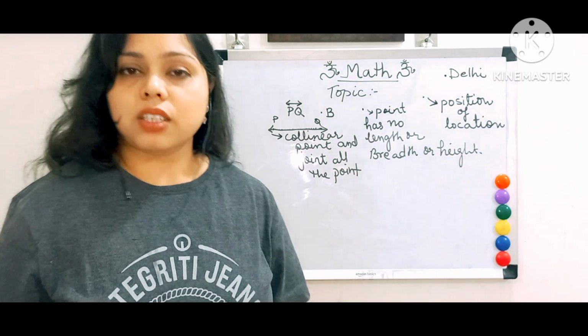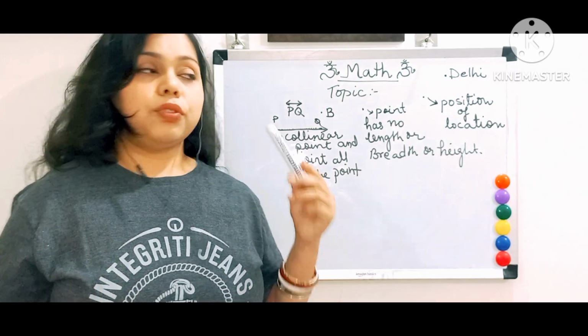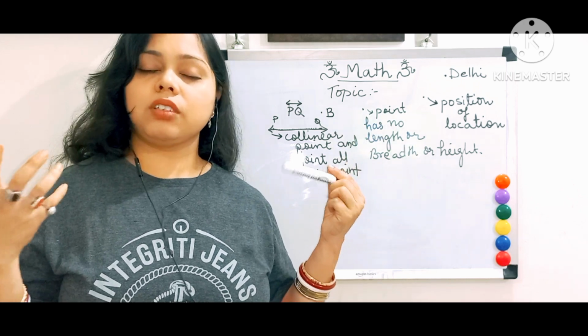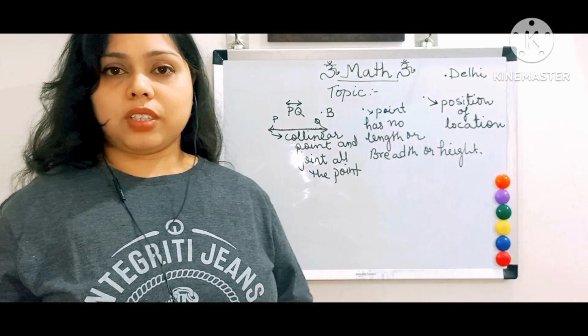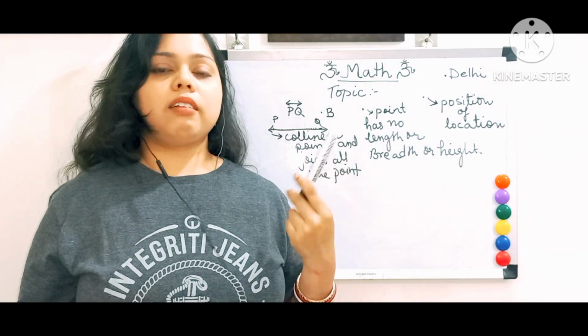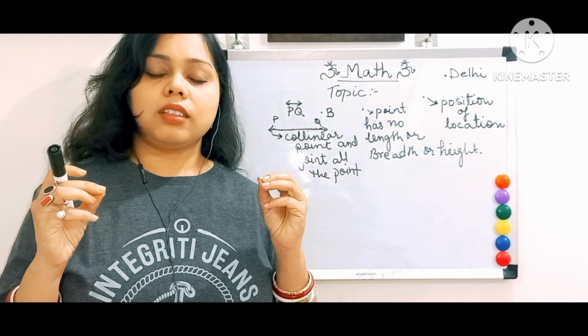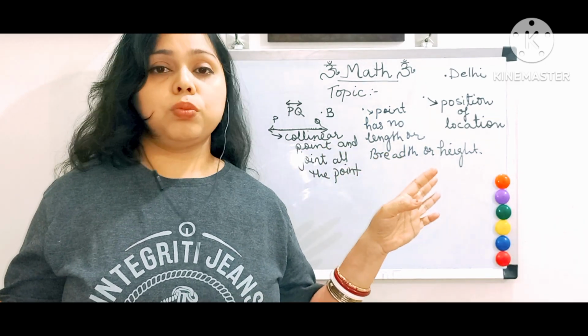But if I ask you, have you seen a line which can be extended from both sides in your daily life? Just think about it, where have you seen something like a line that can be extended from both directions?